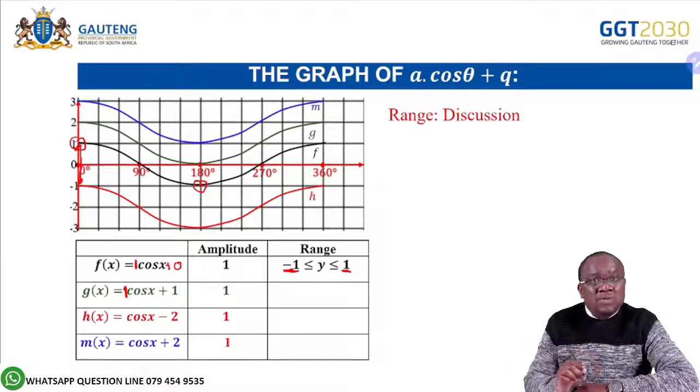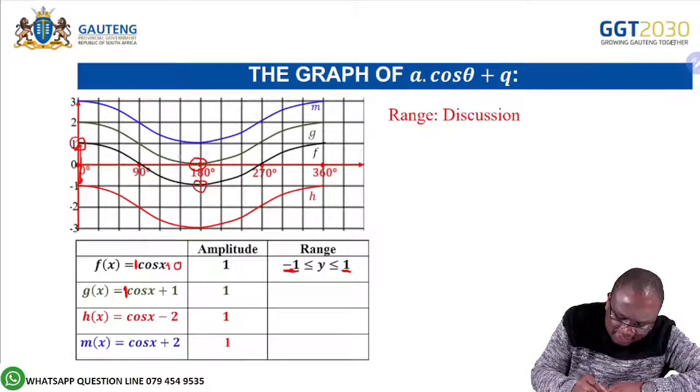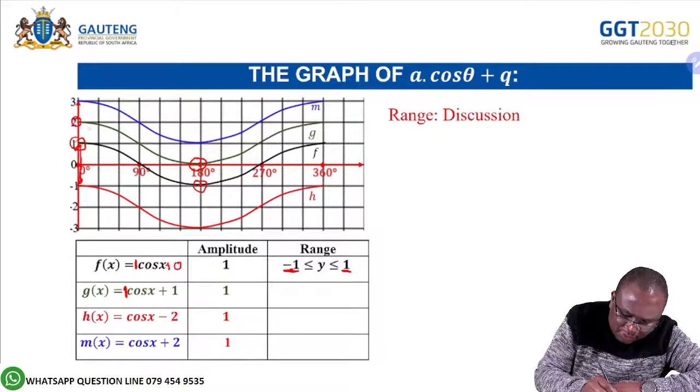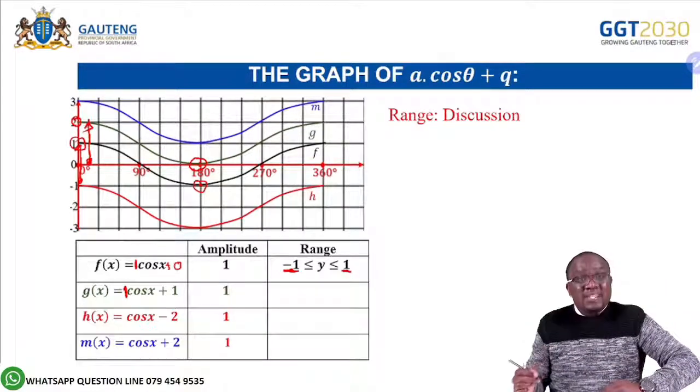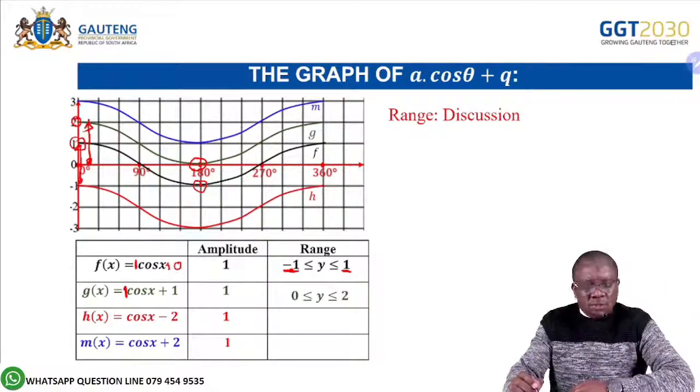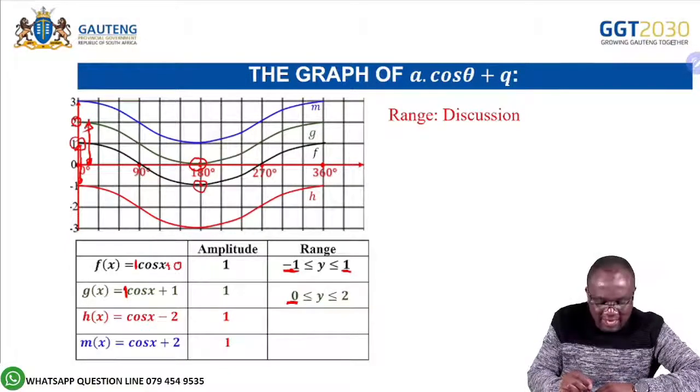Negative 1 plus 1, which is 0. And the maximum is 1 plus 1, which is 2. If you check the graph, the minimum is 0 and the maximum is 2. The range, the y values, are from 0 to positive 2. That's the range. You see that? So this one is coming from negative a plus 1.